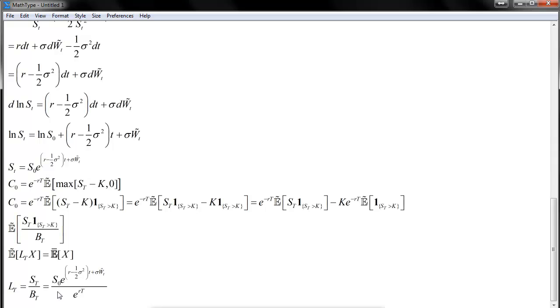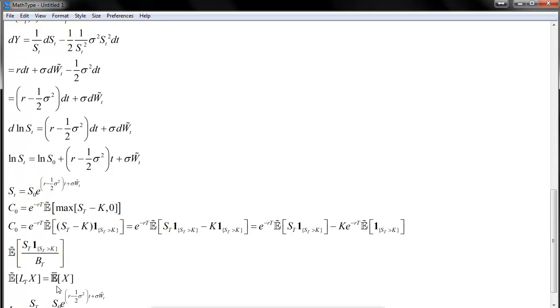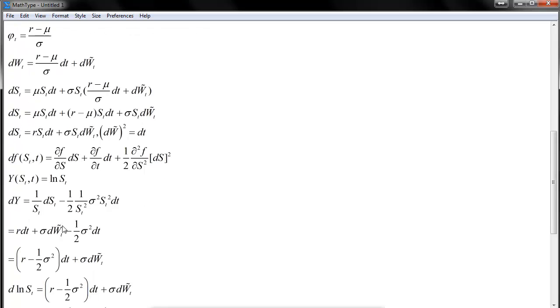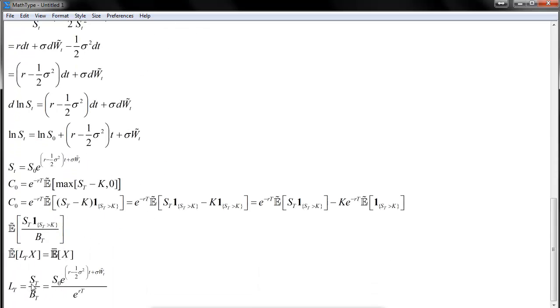Will it give me the Radon-Nikodym derivative? Well, actually it won't, because notice how this is defined. It's defined like this, which would be fine, but I have some extra term S0 at the very beginning in my case. Okay, so how to get rid of this term? Well, the term is constant, so it's very easy to work with it. So if I divide it, I define the Radon-Nikodym derivative like that, I get rid of the term.